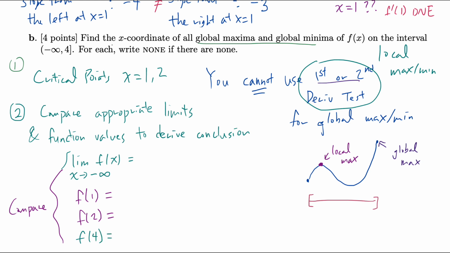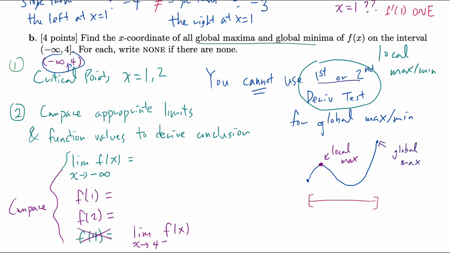Now here, let me mention, if you had negative infinity to 4, open, instead, then what you would look at is not f of 4, because you cannot plug in 4. If I gave you an open interval here, then you're not including 4, so we are not allowed to plug in f of 4. But what you can look at, and should look at, is the limit as x approaches 4 from the left of f of x. The reason is that you have access to things like 3.9, 3.99, 3.999.